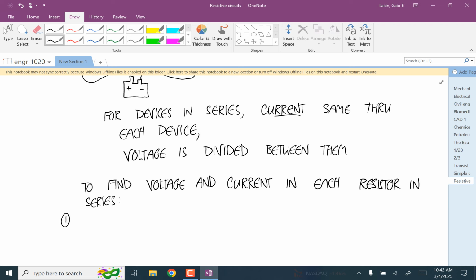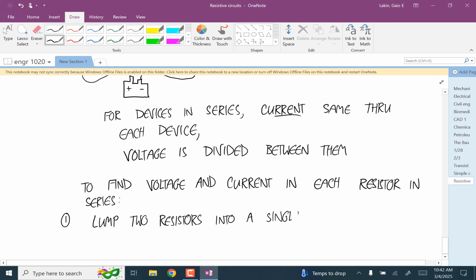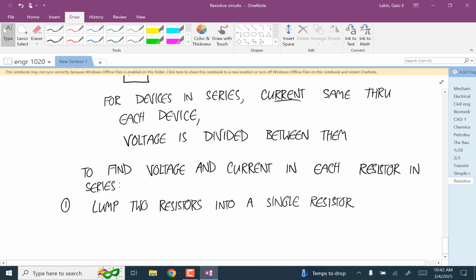So we're going to lump the two series resistors into a single resistor. And the combined resistance of the two is just going to be the sum of the individual ones.